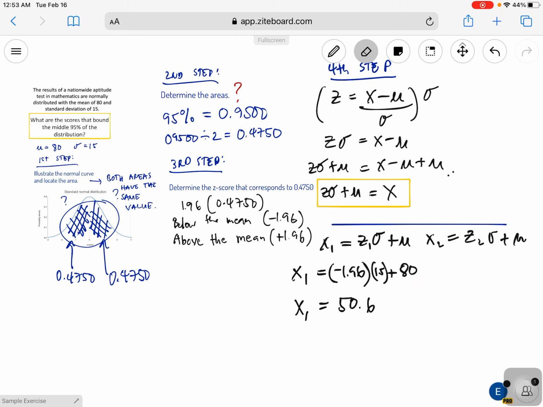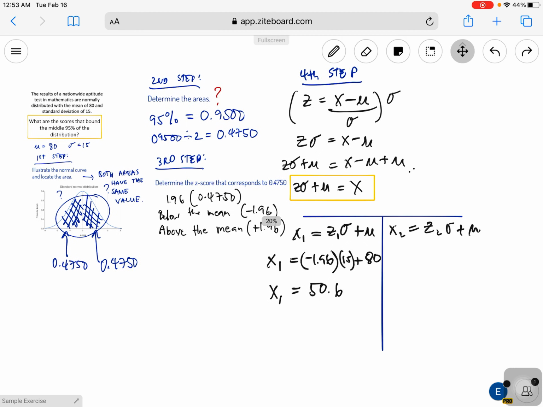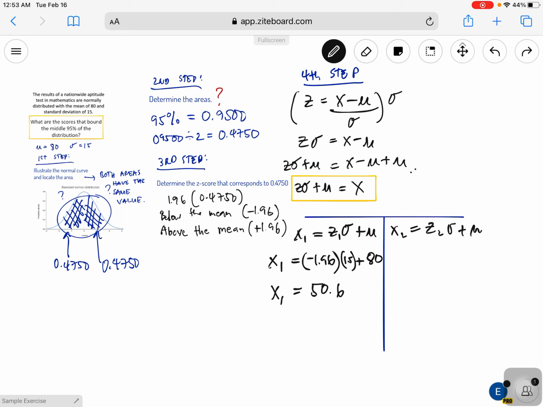Let's check the raw score above the mean. So this is x sub 2. It's equal to our z sub 2, which is positive 1.96, times our sigma, or population standard deviation, which is 15, plus our mu, which is 80.